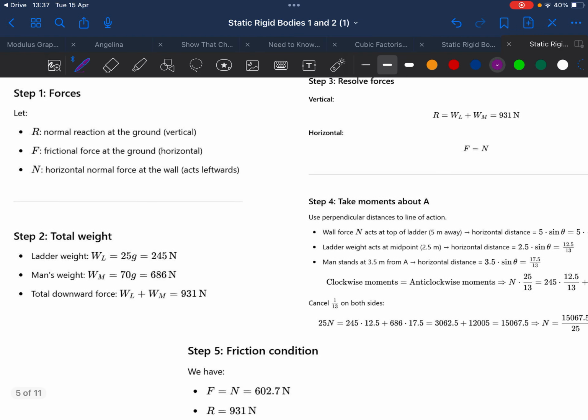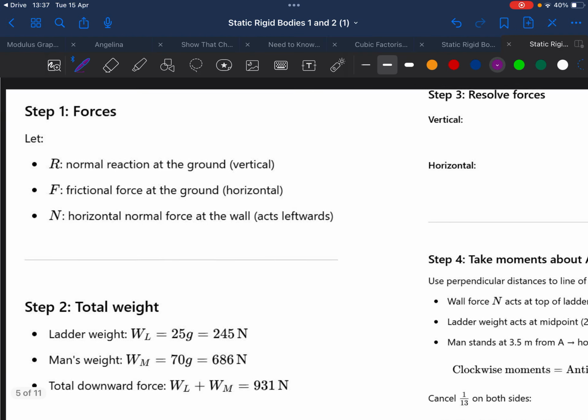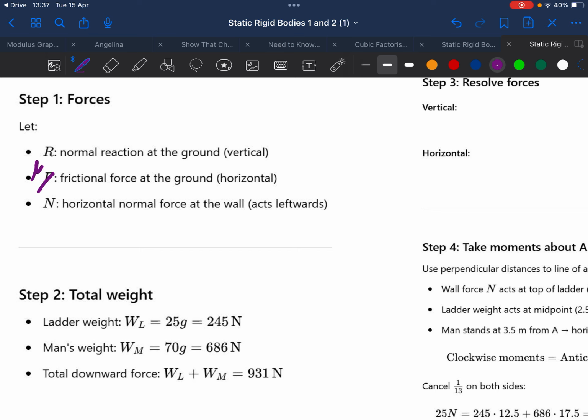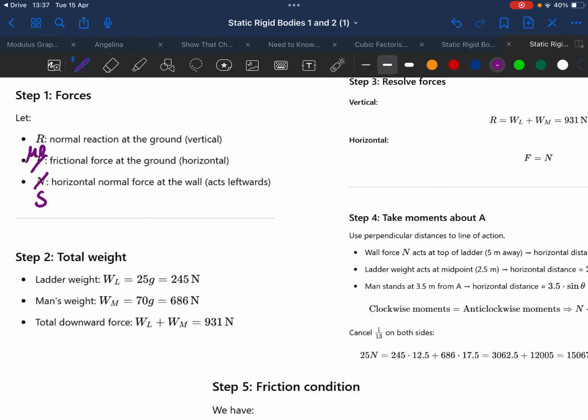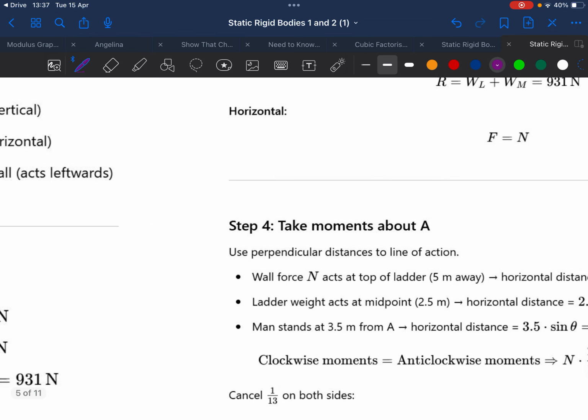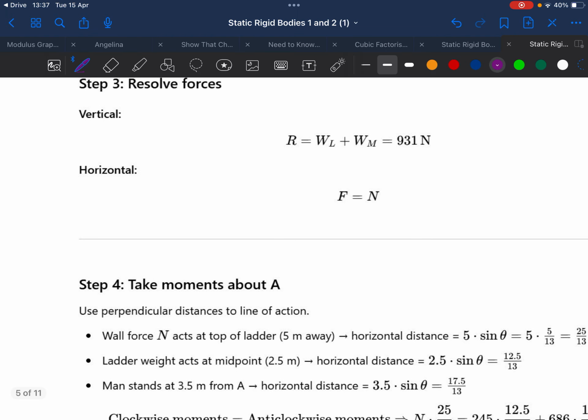Okay, so they've called these the forces. So I would normally use mu R there, N or S. Okay, these are equivalents. And what have we got here? So we've got a few things going on. Let's do the resolving forces first. So vertically, we're going to say that we've got the weight of both people, which should end up being 931.